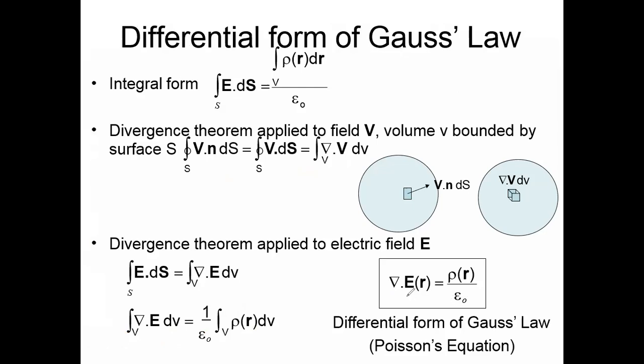If I am writing del dot E, then I will have to divide by epsilon naught. If I multiply by epsilon naught here, then I will write this as D, because D is epsilon naught times E. Yes or no? Yes, sir. Any doubt? No.